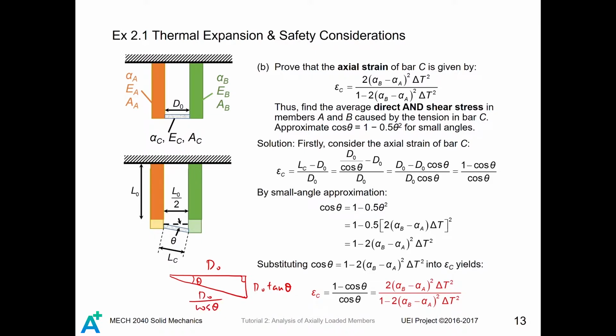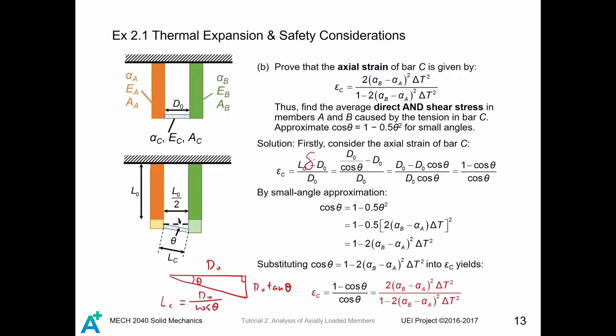If we call this hypotenuse LC, then the axial strain of bar C equals LC minus its original length. So it is the deformation caused by the change of temperature.